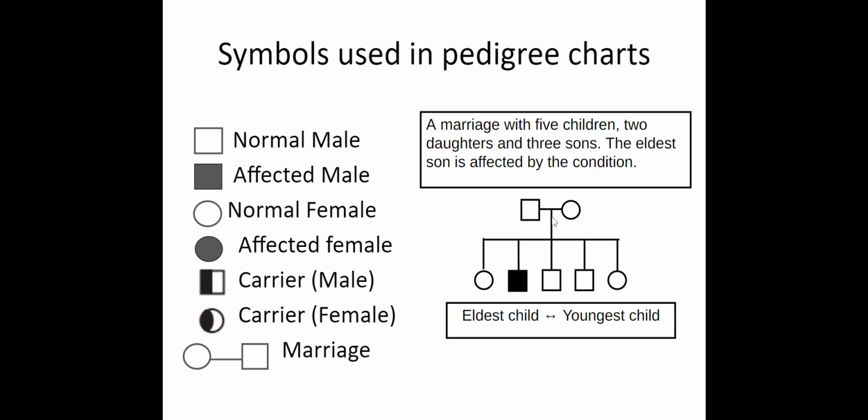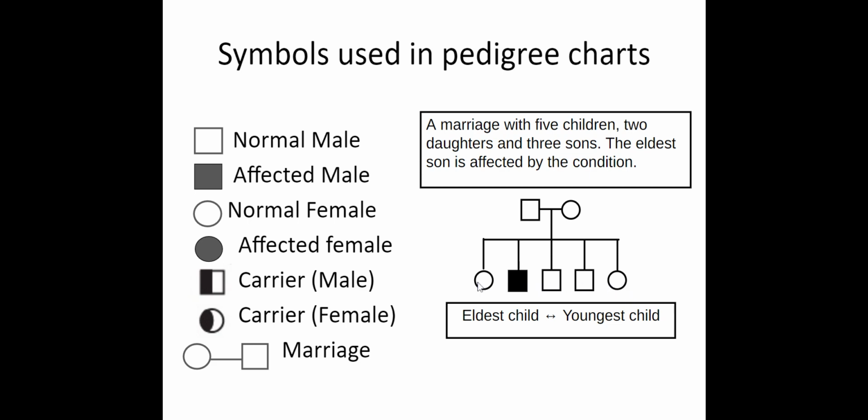The vertical line tells us that the kids attached to this line coming down are all their children, and that is usually shown by a line with each child coming off of it. Notice that these do not have a horizontal line between them, so none of these people are married. These are all siblings. We have a sister, a brother, another brother, and then another sister.